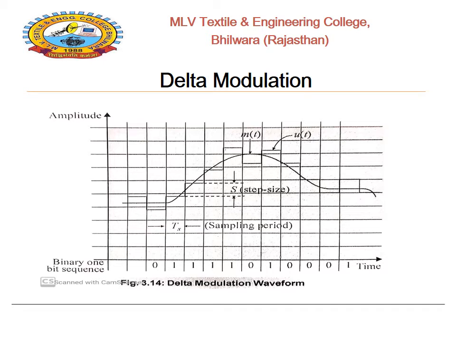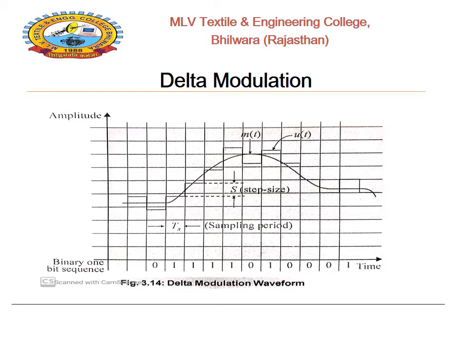In delta modulation, only one bit per sample is transmitted. Input signal m of t is approximated by a step signal and the step size is fixed. The difference between the input signal m of t and the staircase approximated signal is confined by two levels, plus s or minus s.